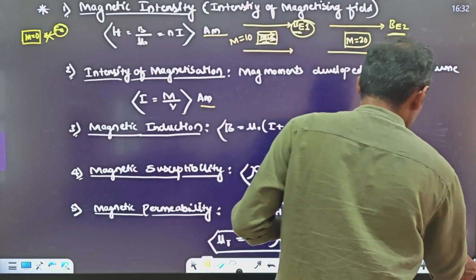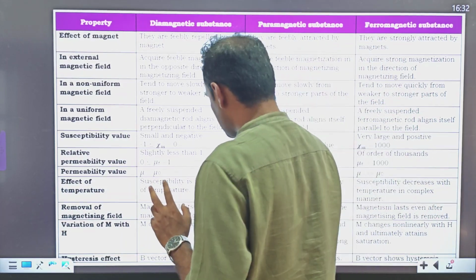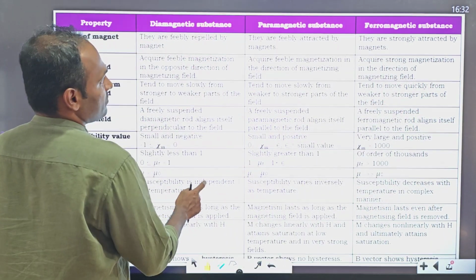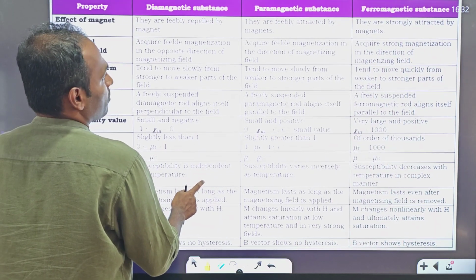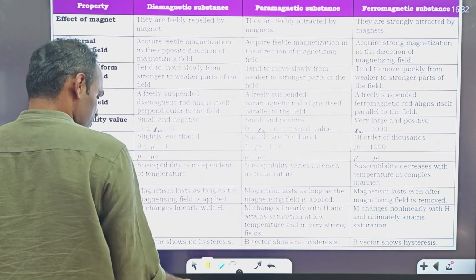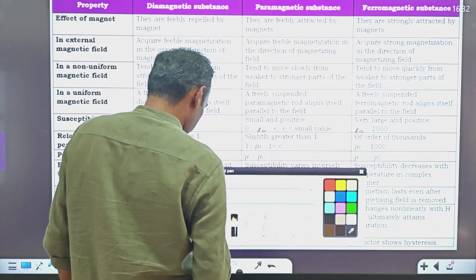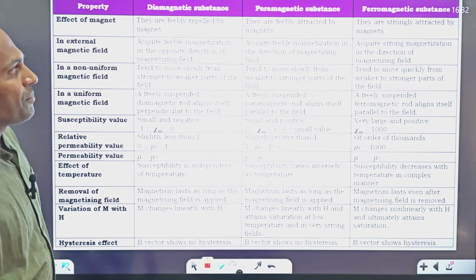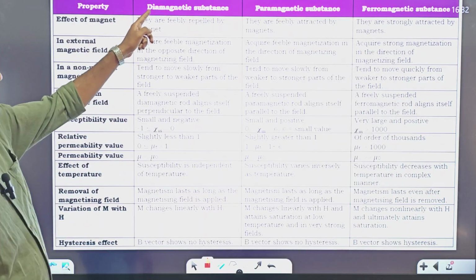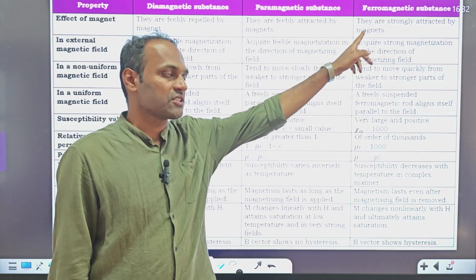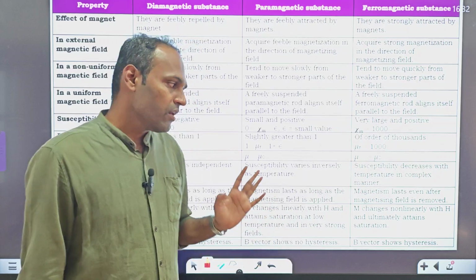So remember the formulas. Okay, now the last thing, but very important, you should know these things very clearly. You have to remember these things at any cost, right? Okay, so we'll now differentiate the magnetic materials. There are 3 types of magnetic materials: diamagnetic substance, paramagnetic substance, ferromagnetic substance.